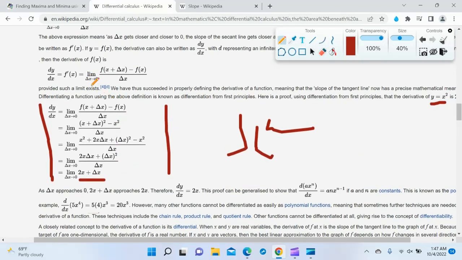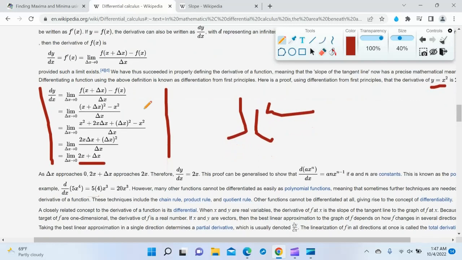We initially said delta x is the lowest value, so it is negligible here. In 2x plus delta x, we can ignore delta x, and hence the output will be 2x. So dy by dx for x square is 2x.